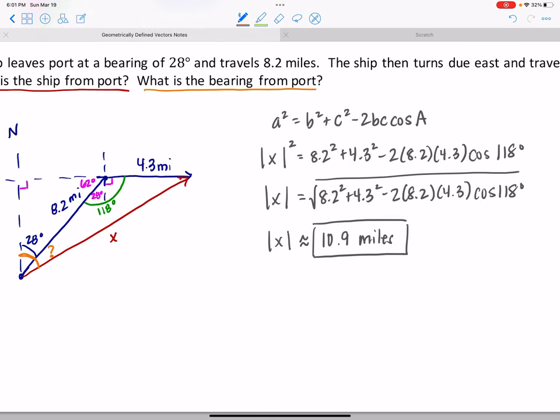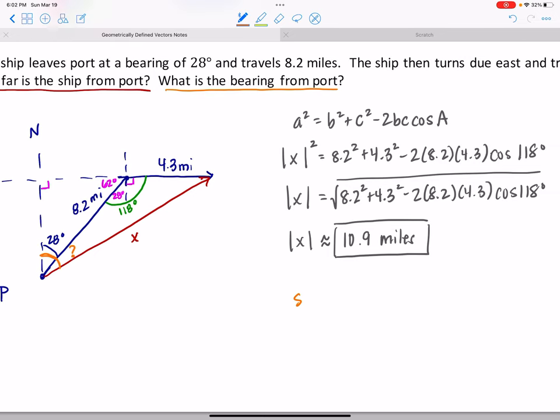So I could say that, for instance, the sine of angle P, that's what I'm going to try to find there.